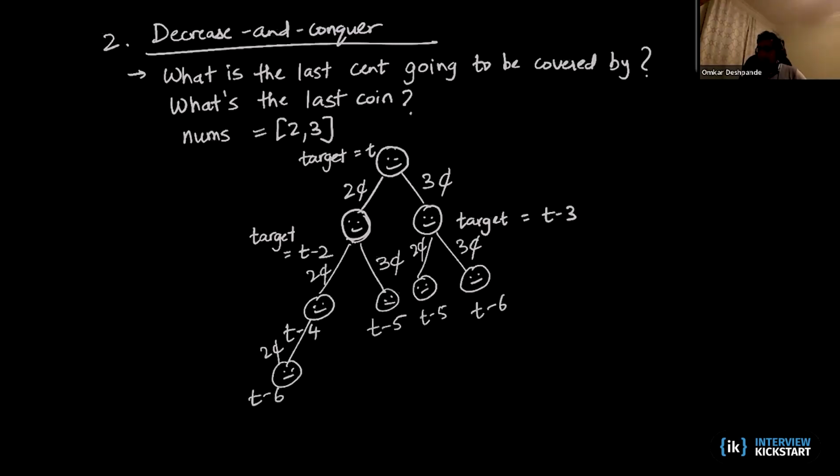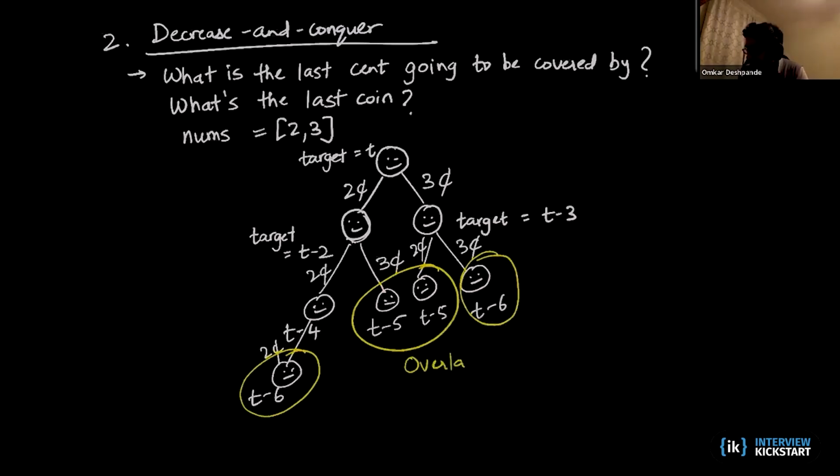But then if we keep expanding, if we look at the next level choice, we're going to get to t minus 6. So you can see there are subproblems that look identical at many places in this tree as we expand out each level. So these are overlapping subproblems, these two are overlapping subproblems, and there'll be many more you'll find.